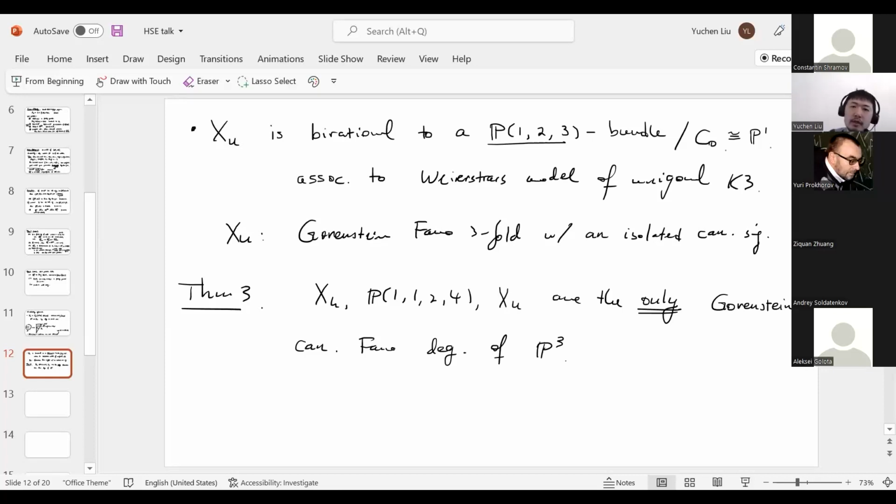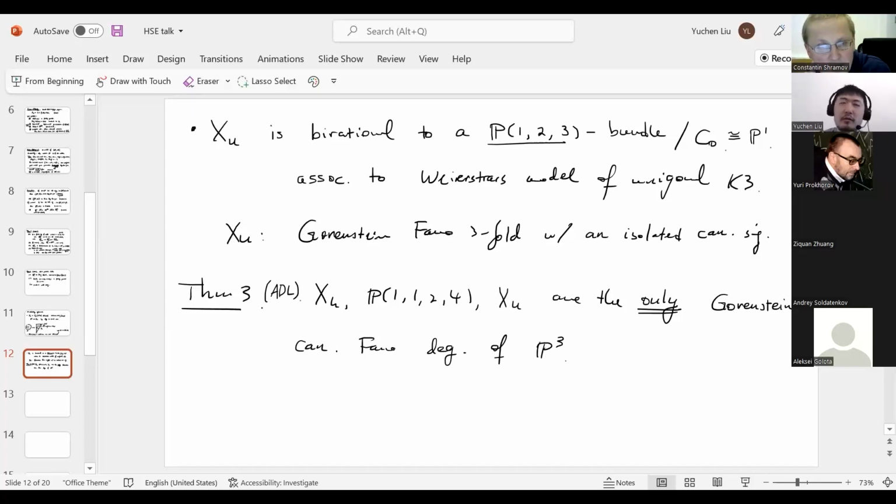Yeah, so somehow this theorem is proved using a different flavor from probably the classical study of Fano varieties. This theorem has nothing to do with moduli spaces, except for the fact that XH and XU are constructed as moduli spaces.